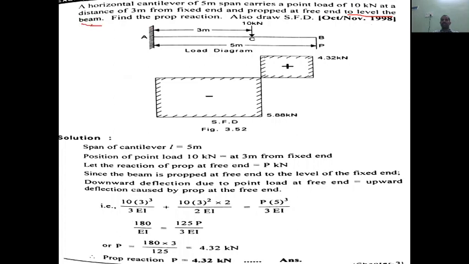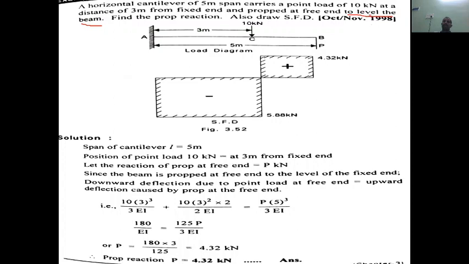To the level of, what does it mean? That means the deflection allowed is 0. Let us say it sinks by a distance of delta. Sinking of supports or deflected supports would create some movement and reaction values over here.